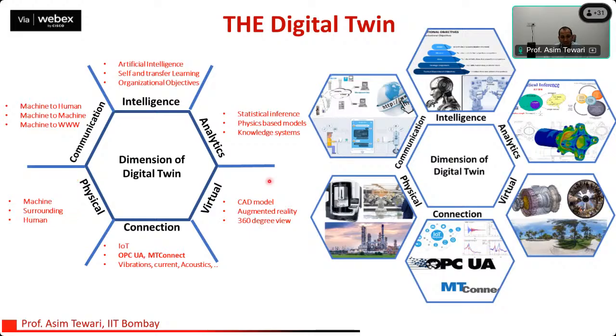That physical data goes to the virtual 360-degree model using IoT, OPC UA, MTConnect, and various other protocols. This virtual model then gives the data to the AI, and artificial intelligence looks at that data to create some understanding and predictions. However, if the data is not sufficient to make those predictions, then AI can ask analytical agents, AI agents, to do the same process.